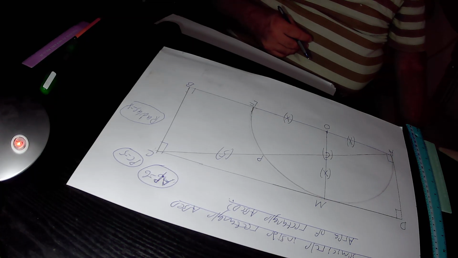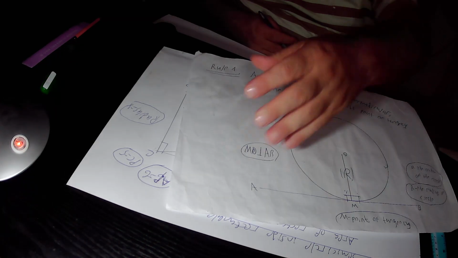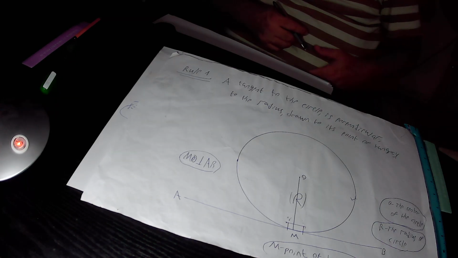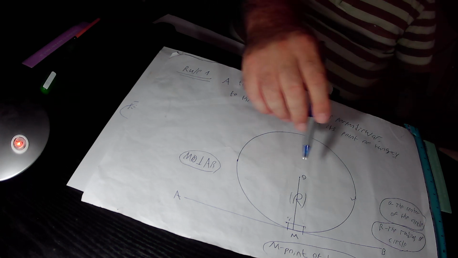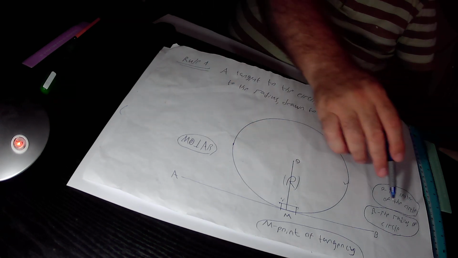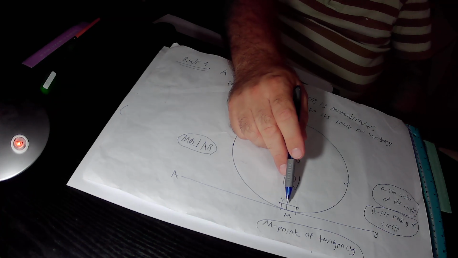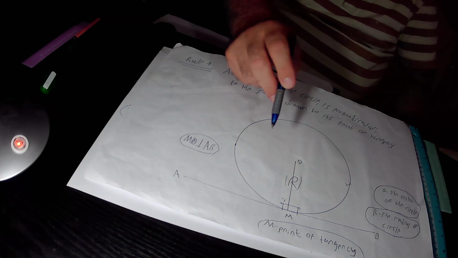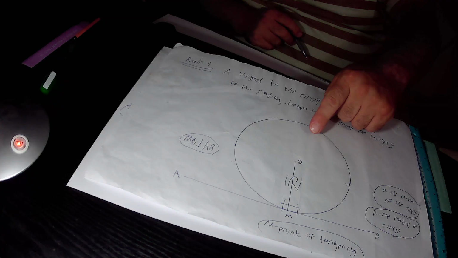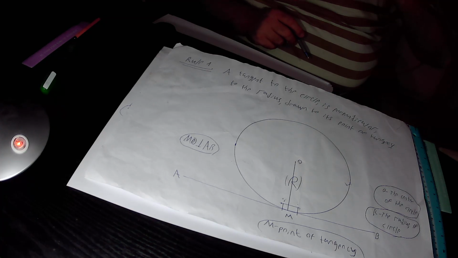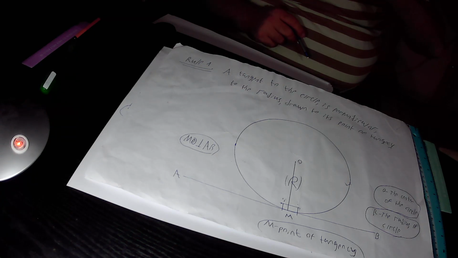According to rule 1, a tangent to the circle is perpendicular to the radius drawn to its point of tangency. In the drawing, we have a circle, and this is tangent AB, that is tangent to this circle at this point M. Point M is the point of tangency of tangent AB with this circle, and we also have the radius OM that is equal to R. The radius OM is drawn to point M, the point of tangency of tangent AB with this circle.